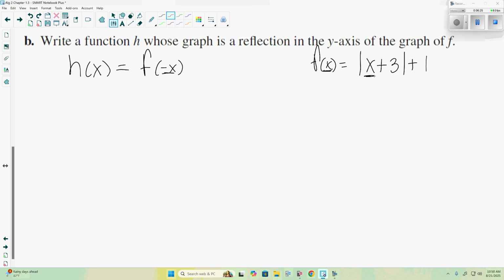So when we apply this transformation to it, we still have the absolute value bars. That x inside the absolute value is not going to be positive x. We are changing it to negative x plus 3, plus 1. Because in our function notation, since we changed it to f of negative x, it means every x in the function also has to change to negative x.